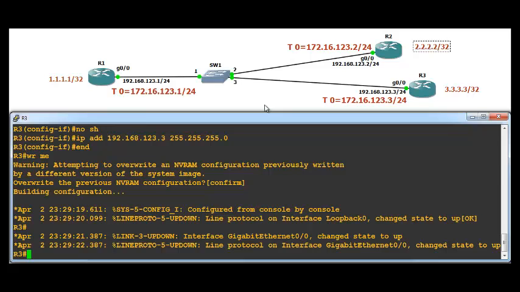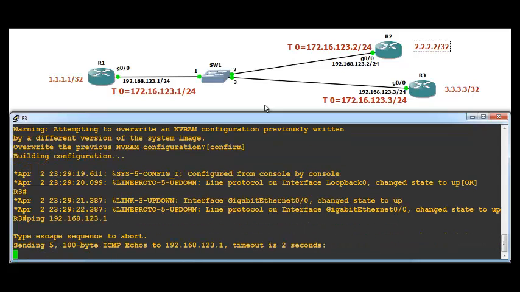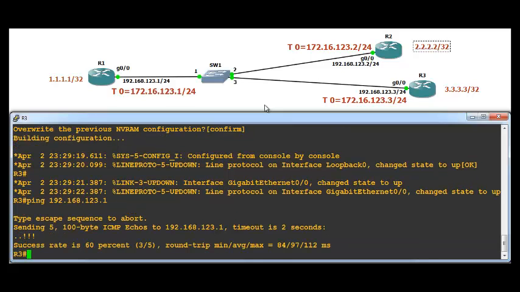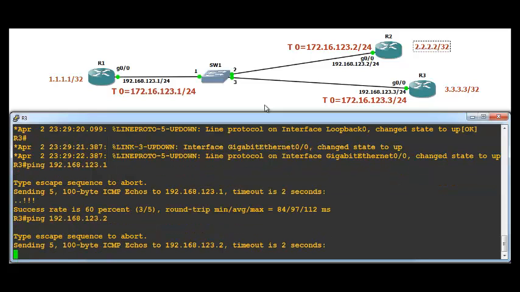Before that, let's try pinging these devices. I'll ping from here 192.168.123.1. It should ping. It is, and .2. It is pinging.